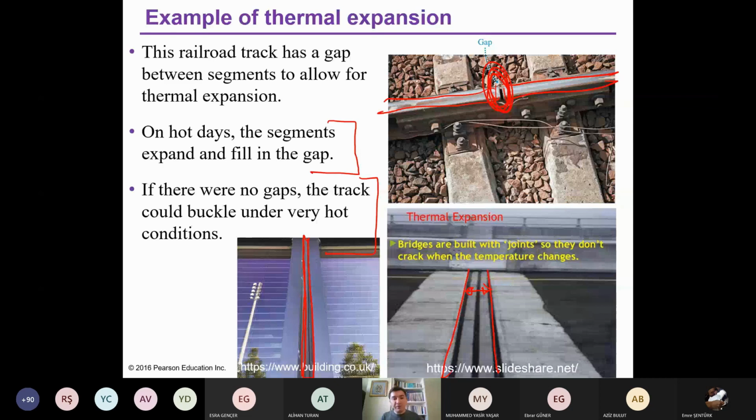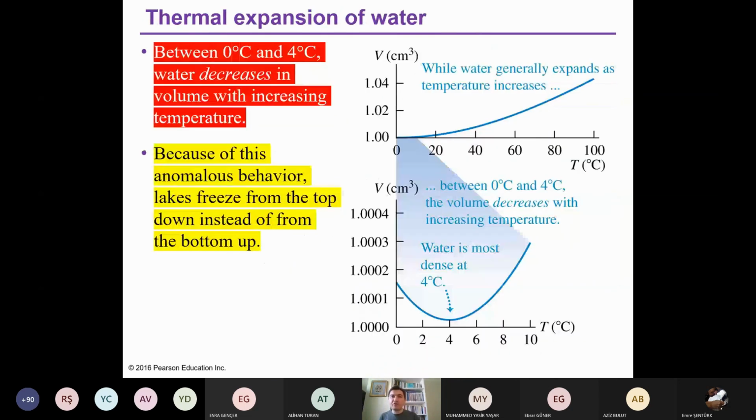I mean, in big buildings, you always see these joints, and these parts against thermal expansion. Okay, if you don't use these joints, then the building can collapse. So this is the example of thermal expansion, and let's discuss the thermal expansion of water.